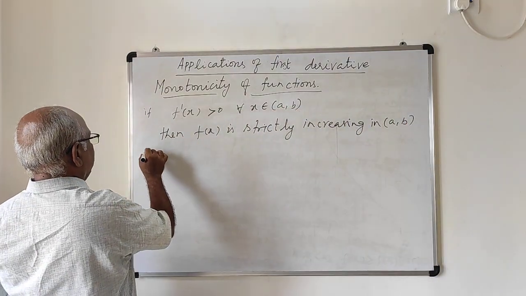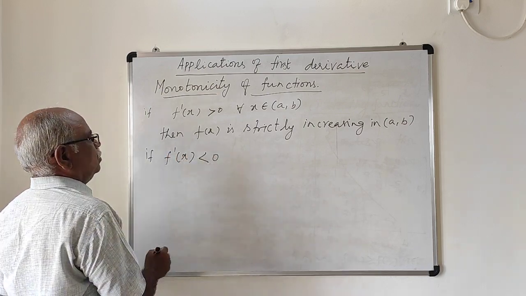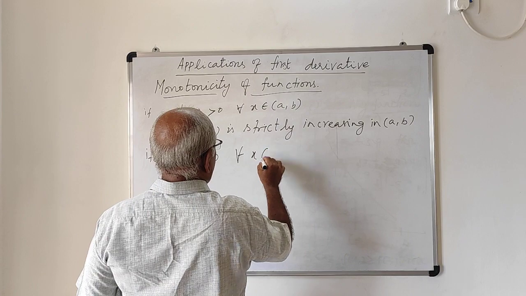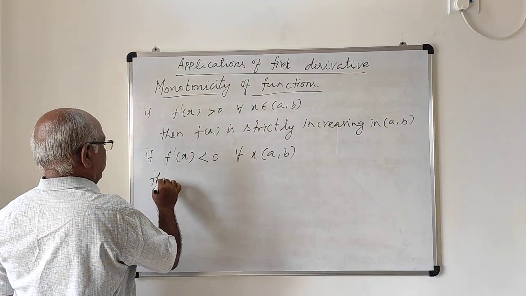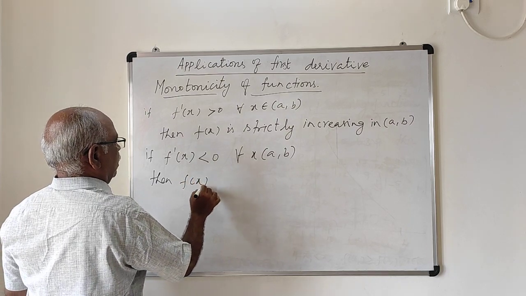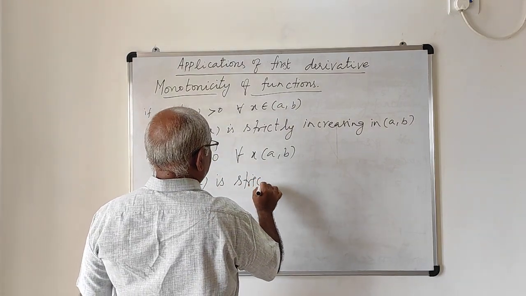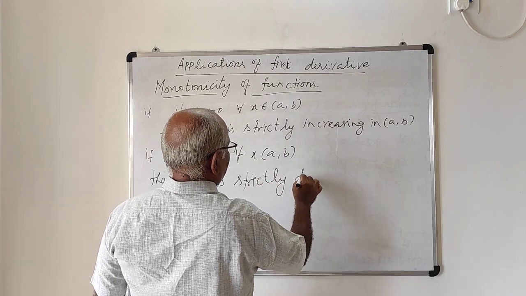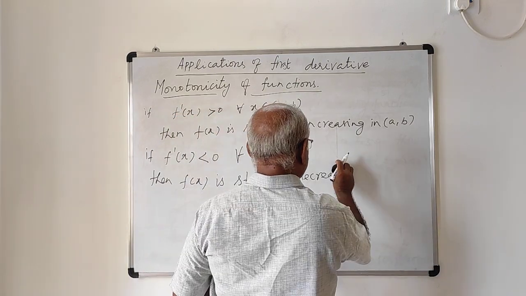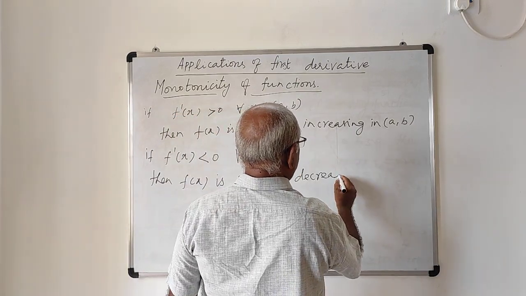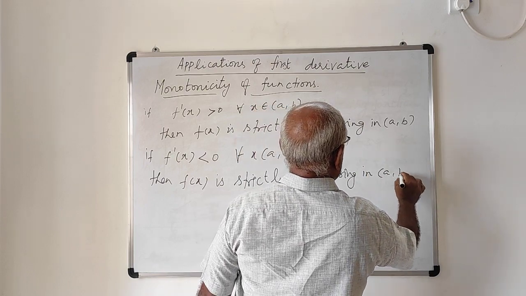Similarly, if f dash of x is less than 0 for any x belonging to the open interval a comma b, then f of x is said to be strictly decreasing in the open interval a comma b.